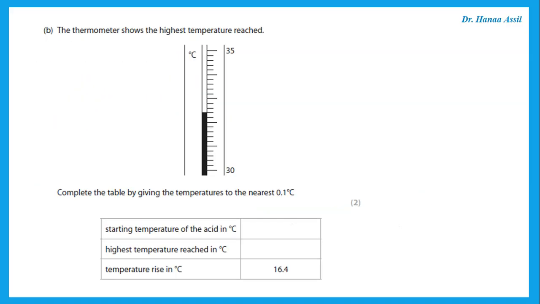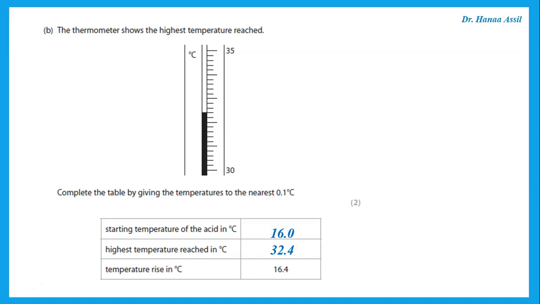The thermometer shows the highest temperature reached. Now complete the table. We're given the highest. Reading from that thermometer, the highest is what? 32.4. Were you able to read it? So if the highest is 32.4 and the difference is 16.4, what was the starting temperature?